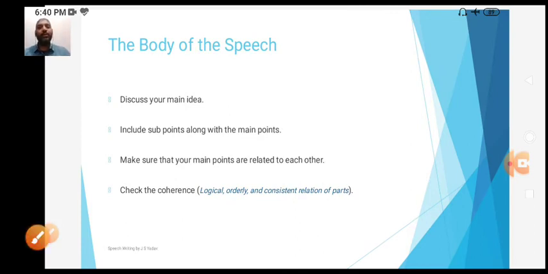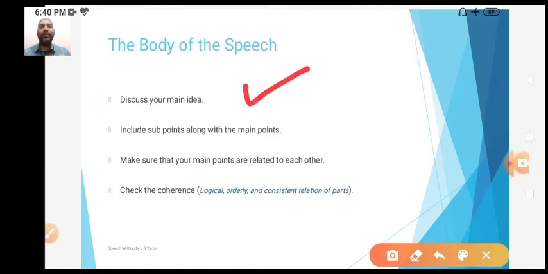Okay, now next is the body of the speech. In the body of the speech, a writer is supposed to discuss the main idea. It should be related to the subject, or it should be related to the topic given or the issue that we are talking about. It must include subpoints. If you feel like including subpoints in order to support the main points, you can use subpoints also.